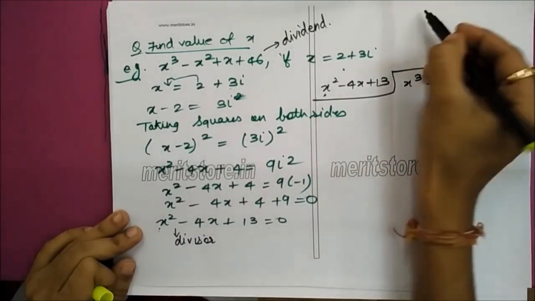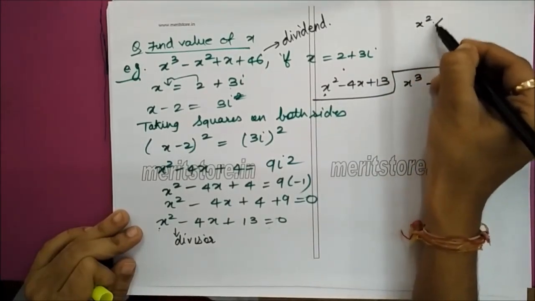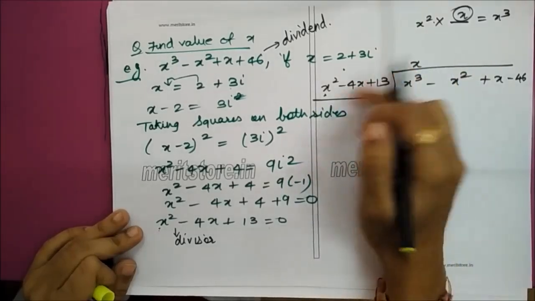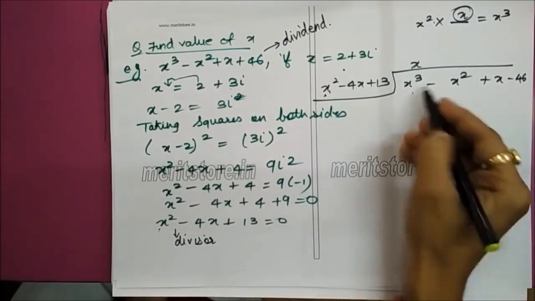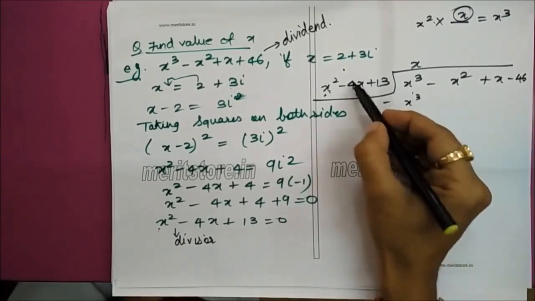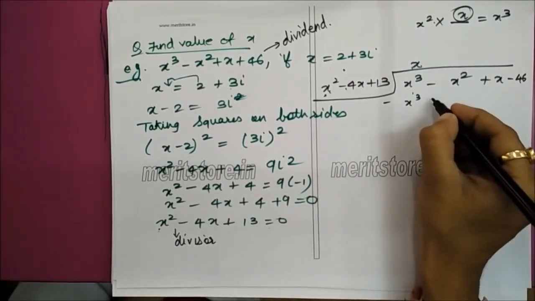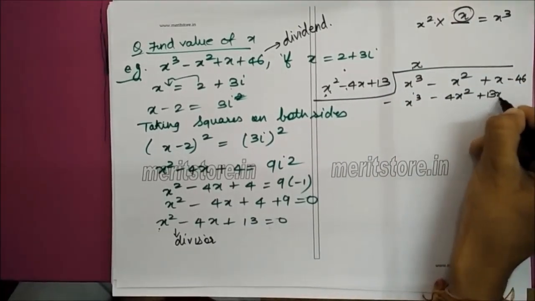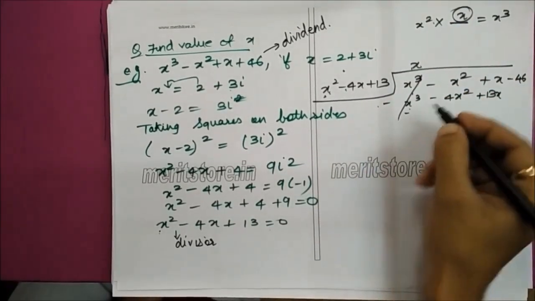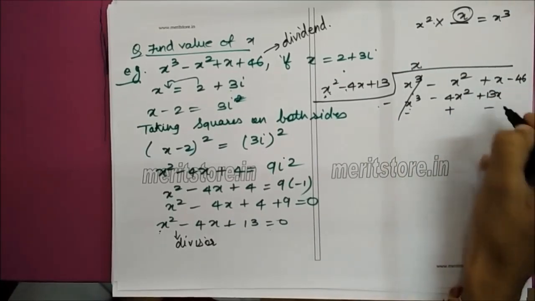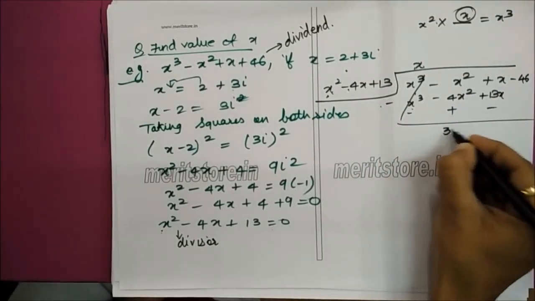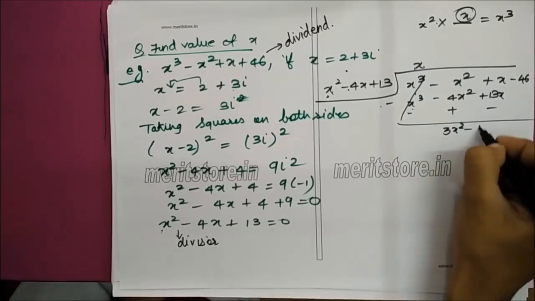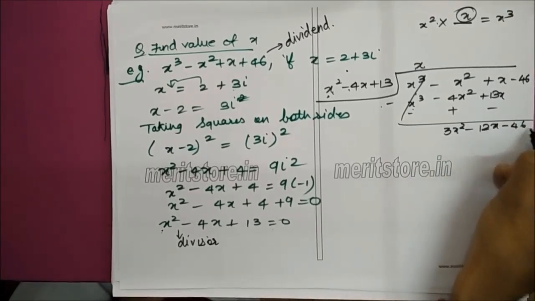Here x² into what will give you x³? So that is your x, which will be multiplied with every element. So x² into x is x³. By default this is your minus. Minus 4x into x is again minus 4x² plus 13x, minus plus minus, this gets cancelled. So here you get 3x² − 12x + 46.